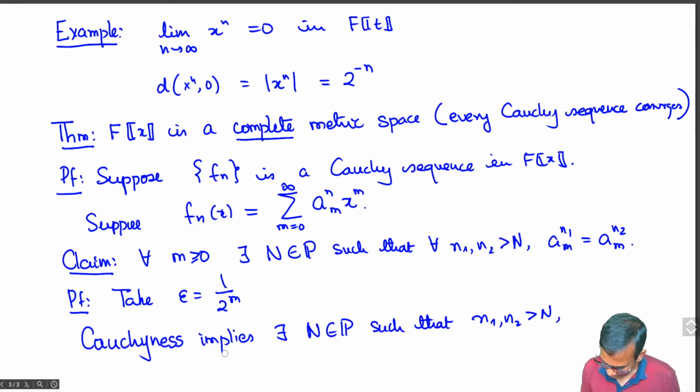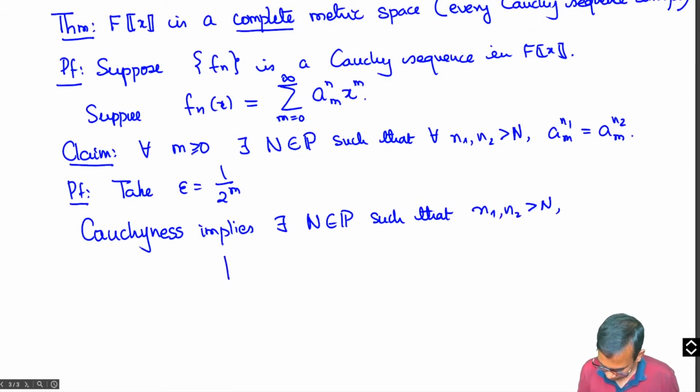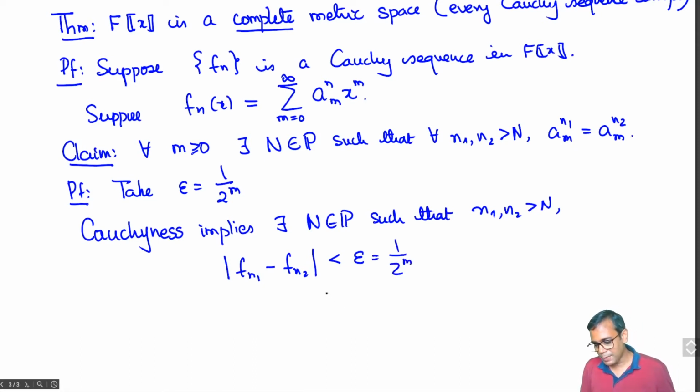It implies that the norm of f_{n1} minus f_{n2} is less than epsilon, which is 1 over 2 to the power m, which means that the mth coefficient of f_{n1} minus f_{n2} is 0.